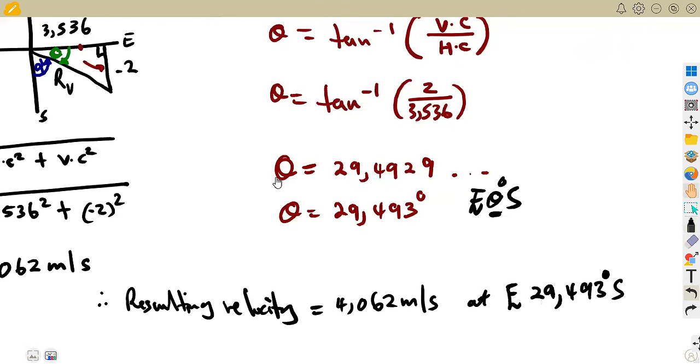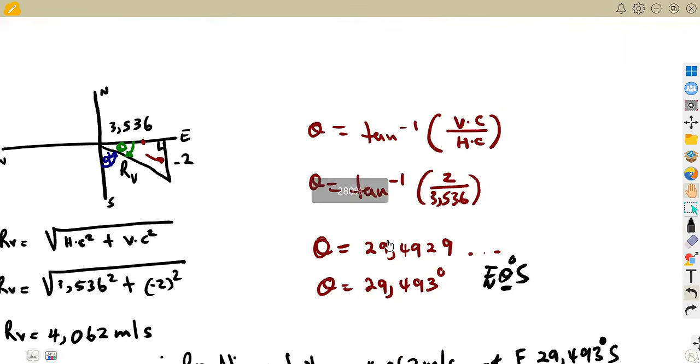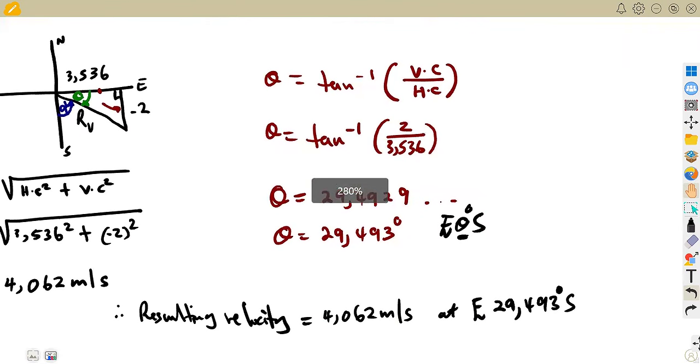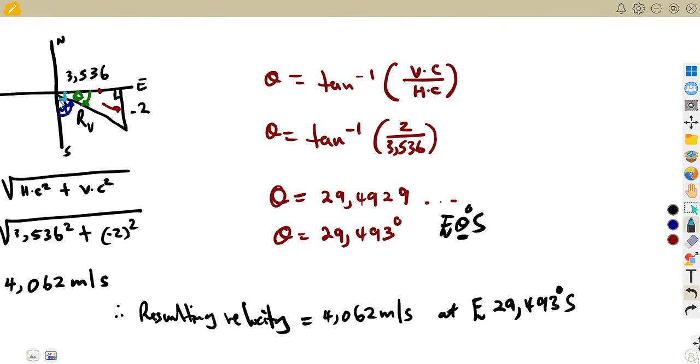Or we could have worked this from the alpha. The relationship that we have between the theta and the alpha is that these two are at a right angle, that's 90 degrees. So if these two angles give us 90 degrees, in order for us to get alpha, we are going to subtract the theta that we got from 90 degrees.